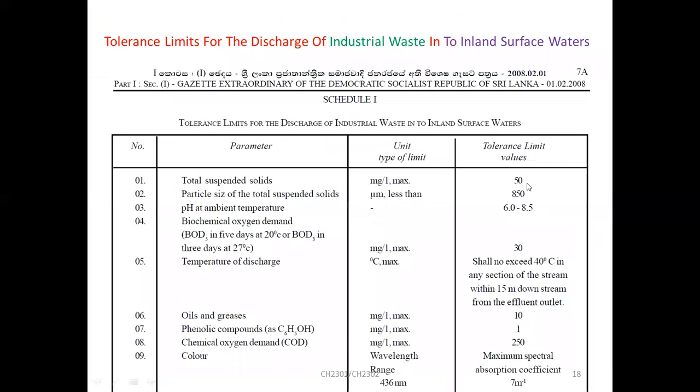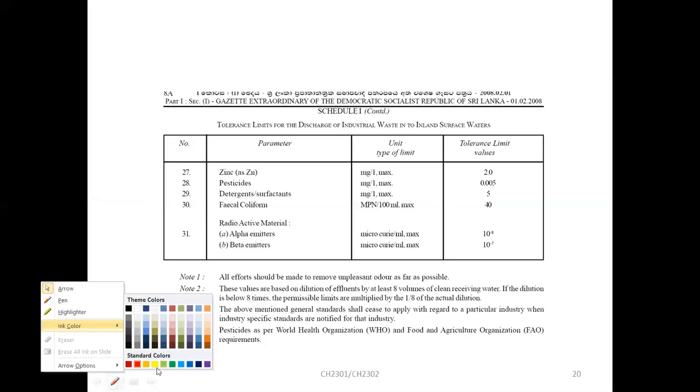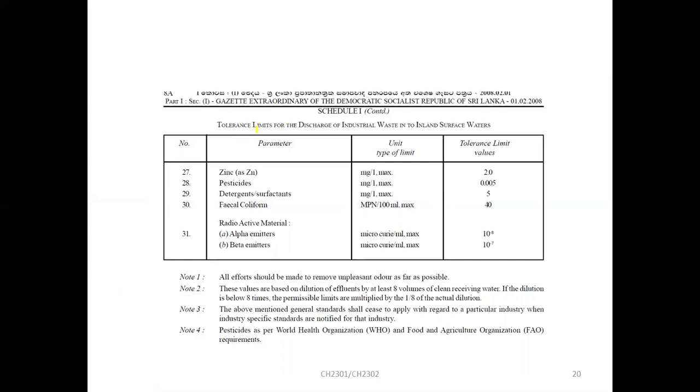Okay, let's see the zoom version. So here, tolerance limit for the discharge of industrial waste into inland surface water. Fecal coliform is 40 MPN per 100 milliliter.